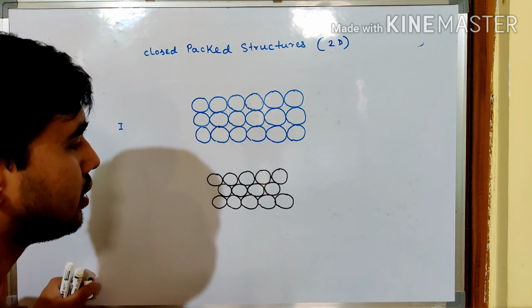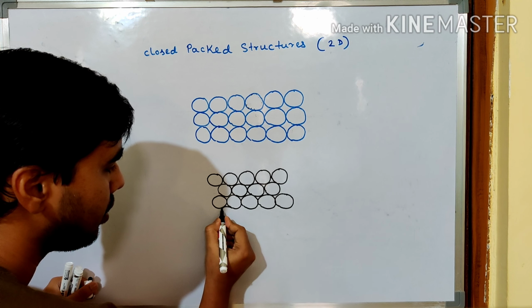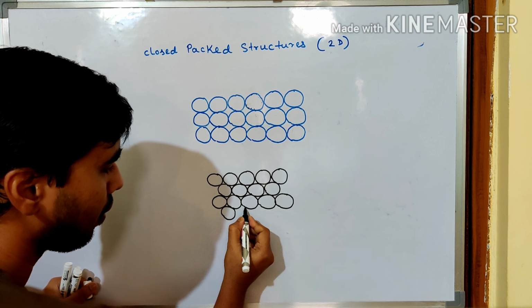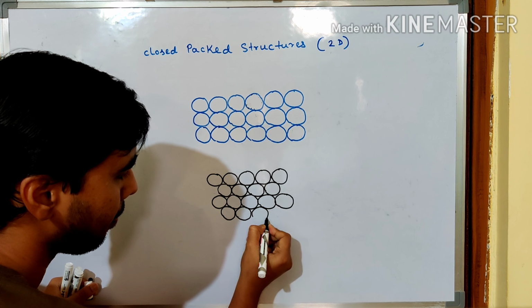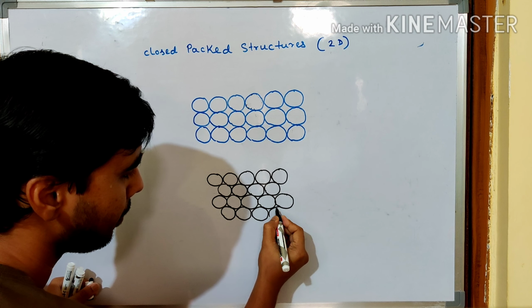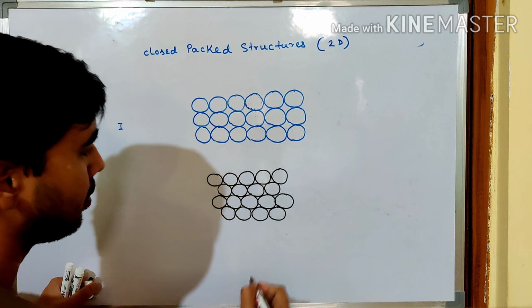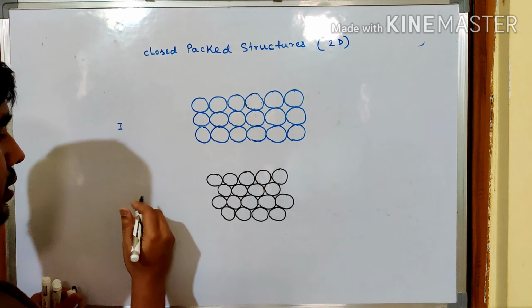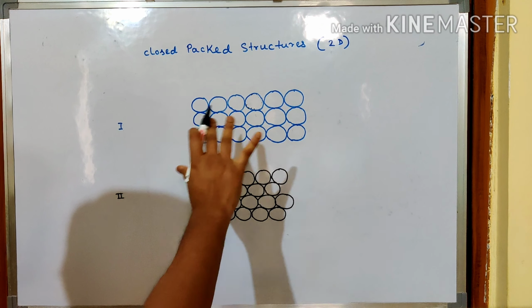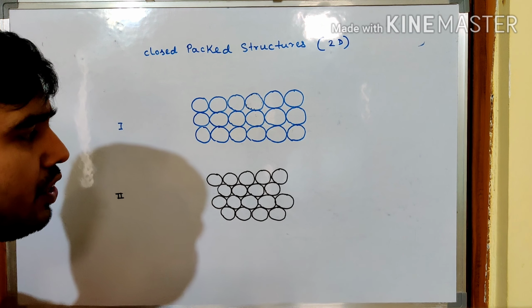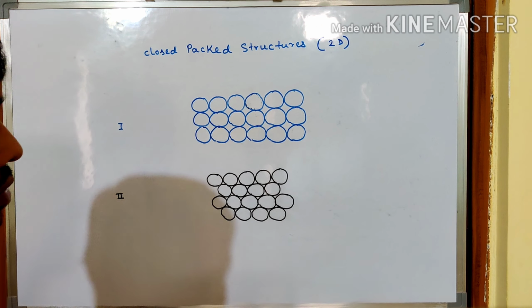Here you see, last one also. Let me draw. This is the second arrangement. Can you figure out the difference between the two? Pause the video here and figure it out.